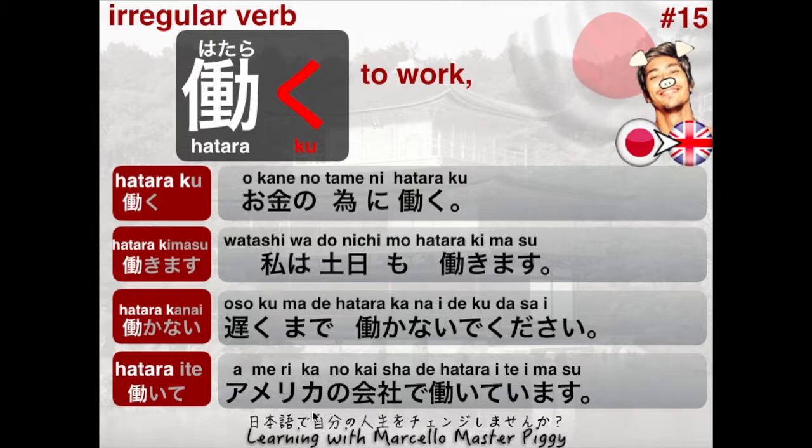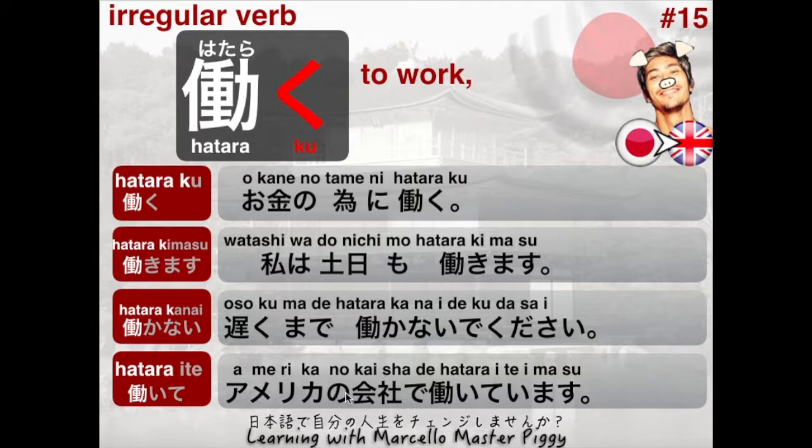Okay. Now, the last one is our te form. So hataraku, we're gonna be changing for ite. Hataraite. So it's very irregular. So you have to remember hataraite. For example, America no kaisha de hataraite imasu.